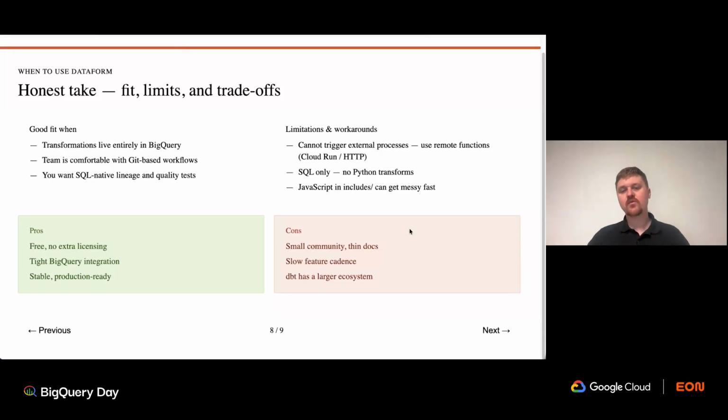But when you think about it from a general perspective, I think it's pretty good value that you're getting for basically free, and a good place to start if you're already within the BigQuery context.